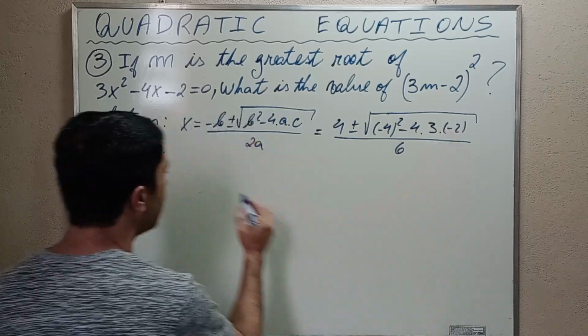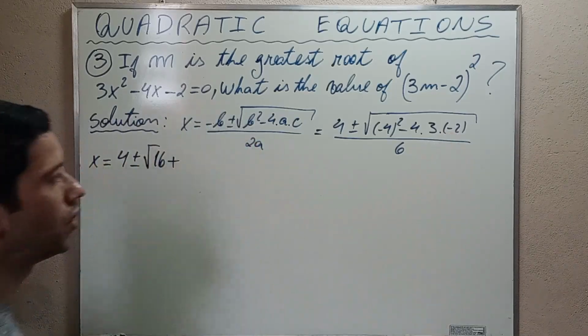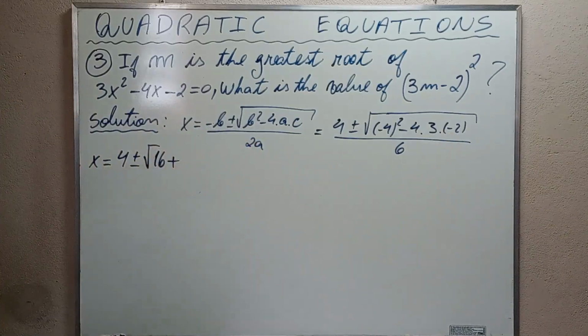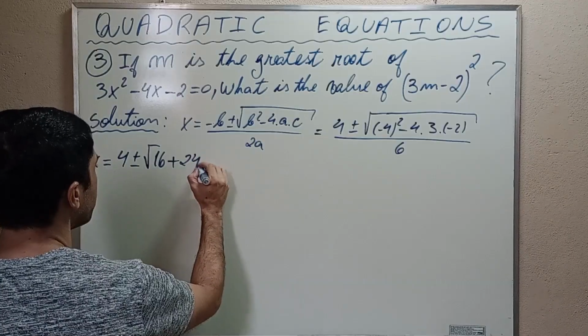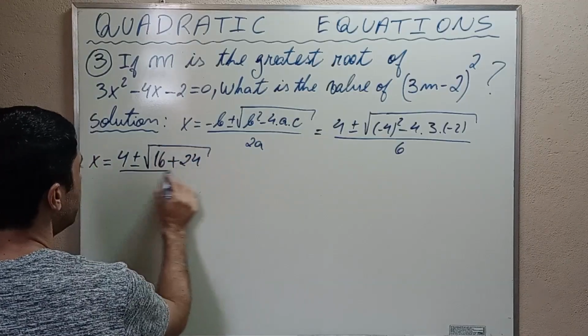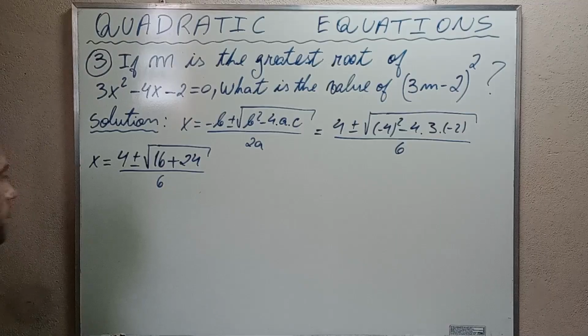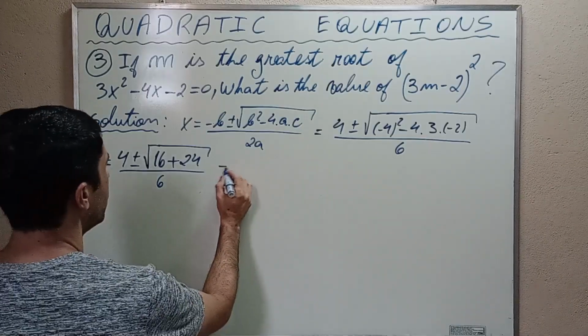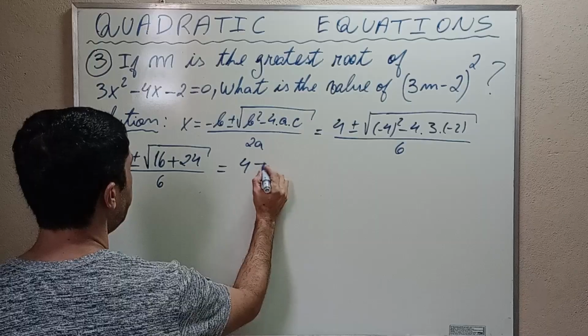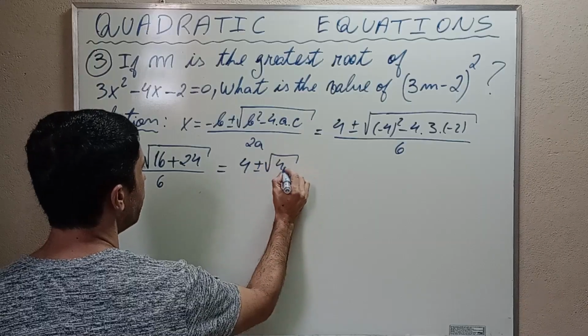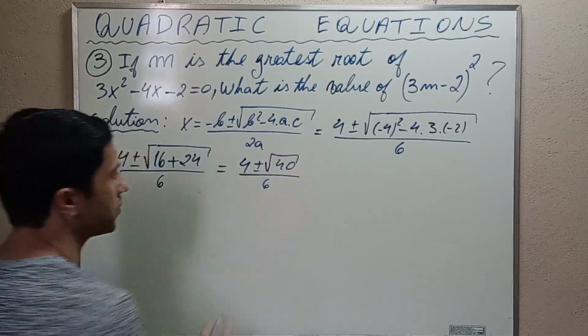Negative with negative, positive. 4 times 3 is 12 times 2 is 24. Divided by 6. 16 plus 24 is 40. Then this is equal to 4 plus minus the square root of 40 divided by 6.